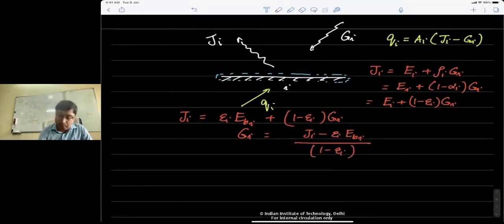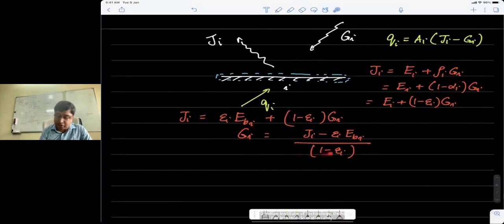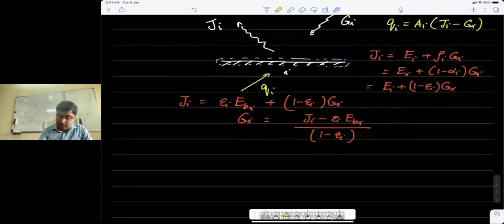Now what I'm going to do is plug this irradiation into this equation for Qi, because my objective is to calculate Qi. So let's plug it in there.